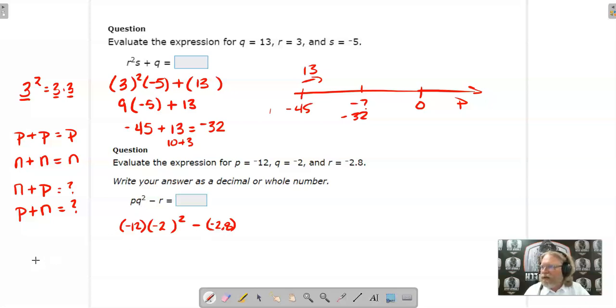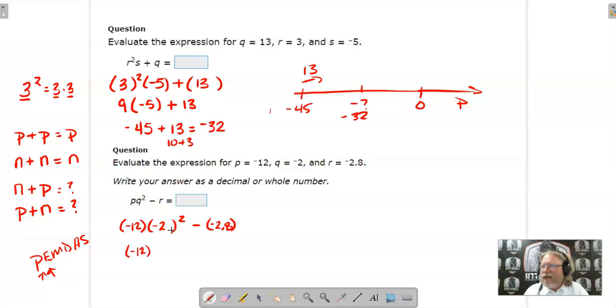Remember, please excuse my dear Aunt Sally. So I need to take care of parentheses. Don't have those, but I do have an exponent, so I need to do that first. So let's take this negative 12 and just bring it down for now.